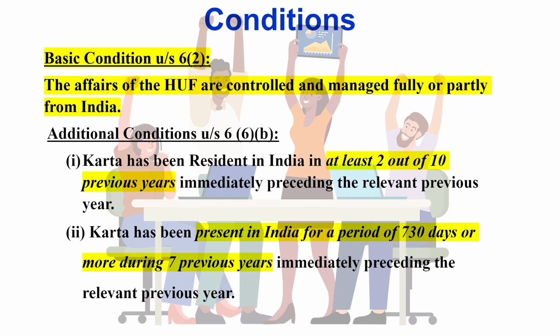And the additional conditions mentioned under section 6 subsection 6 are: Roman 1, the Karta has been resident in India in at least 2 out of 10 previous years immediately preceding the relevant previous year. Roman 2, the Karta has been present in India for a period of 730 days or more during 7 previous years immediately preceding the relevant previous year.